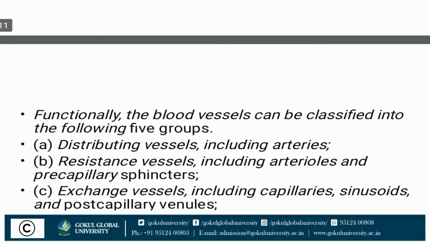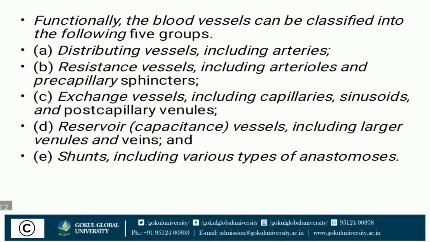Functionally the blood vessels can be classified into the following five groups: distributing vessels including arteries, resistance vessels including arterioles and precapillary sphincters, exchange vessels including capillaries and sinusoids and postcapillary venules, reservoir vessels including larger venules and veins, and shunts including various types of anastomosis.